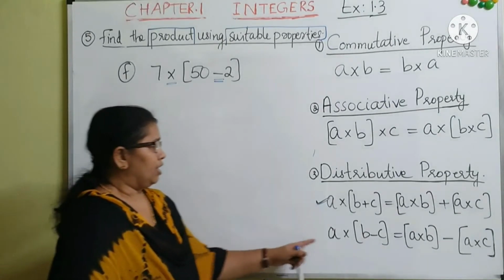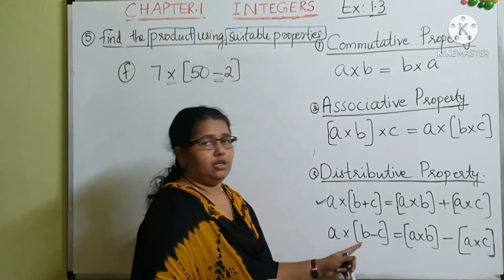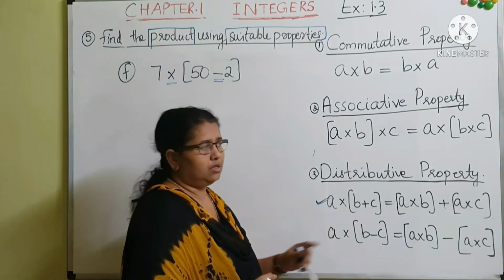So which property? Multiplication and subtraction, so distributive property over subtraction.